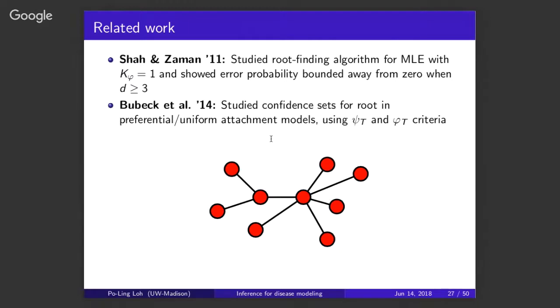In their work, they were also looking at these two criteria. Instead of picking out one node, they were picking out a set of nodes, so sort of like in our work. Our work was motivated by the Bubeck et al. work and partly also the Shah and Zaman work. We were combining the two of them and trying to understand how we could construct these sorts of confidence sets if we have information that's propagating over a fixed network.